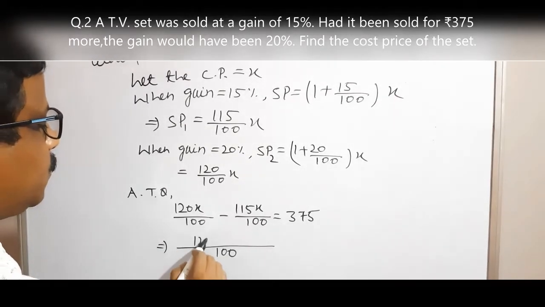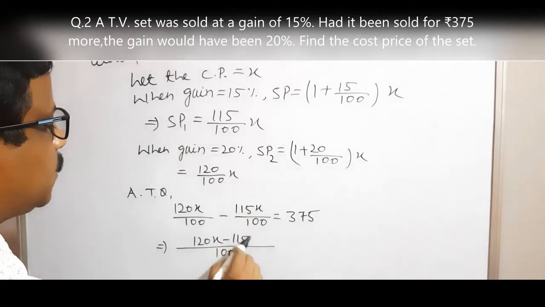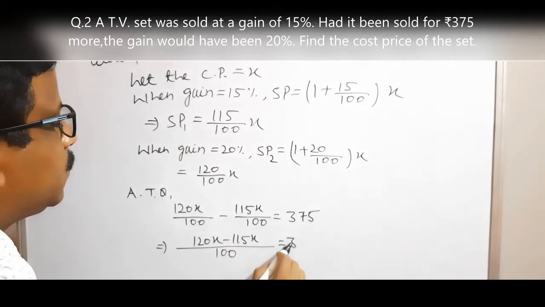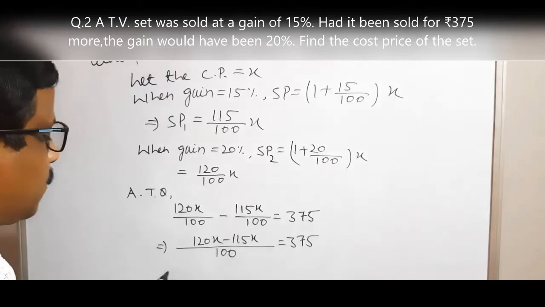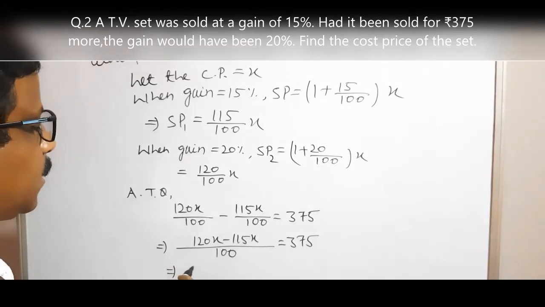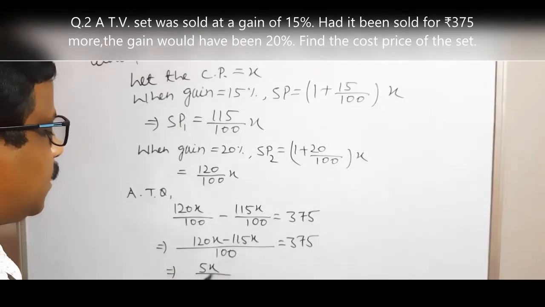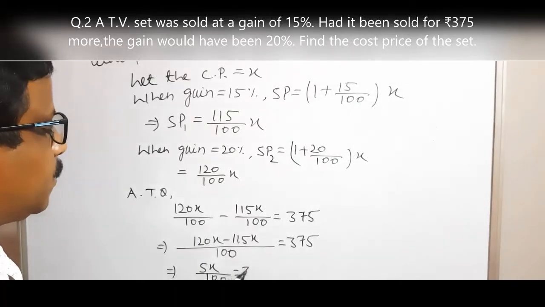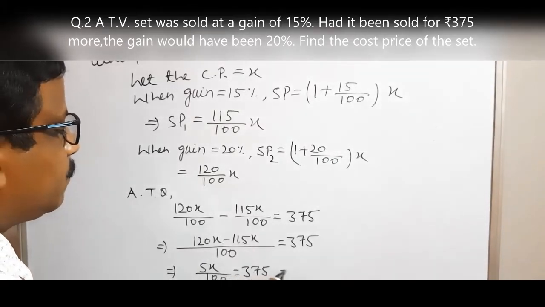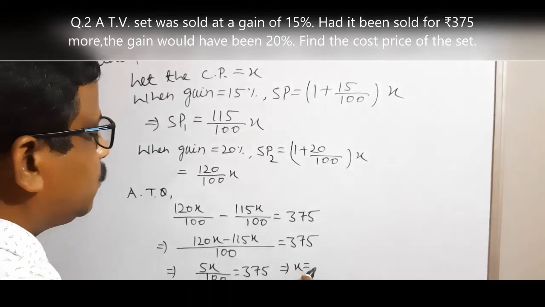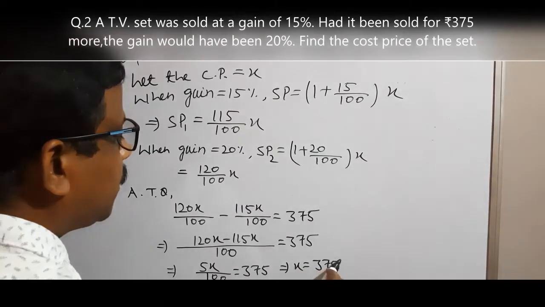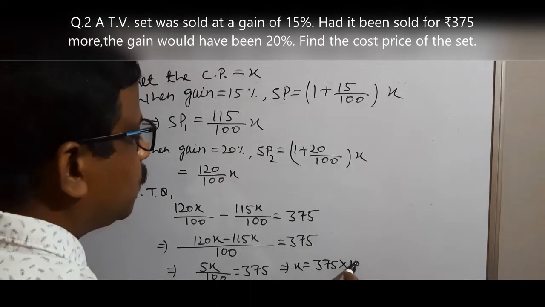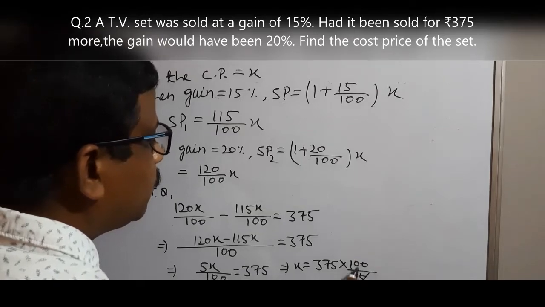It will be 120x minus 115x is equal to 375. If we subtract, it will be 5x by 100 is equal to 375. Implies x is equal to 375 into 100 by 5.